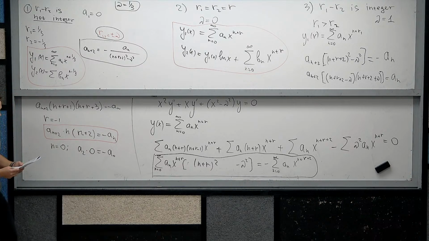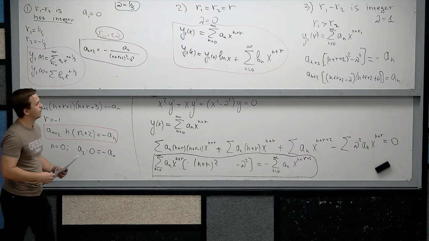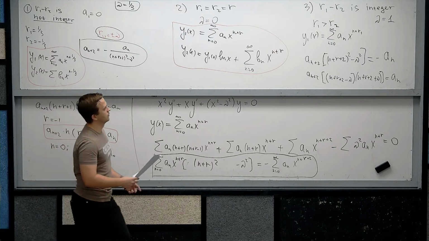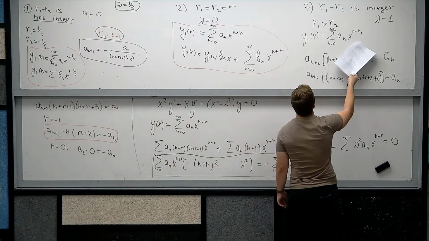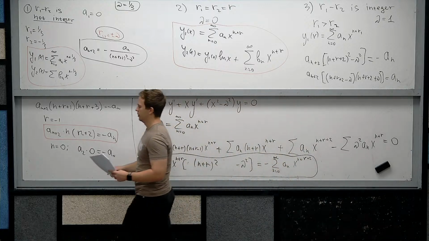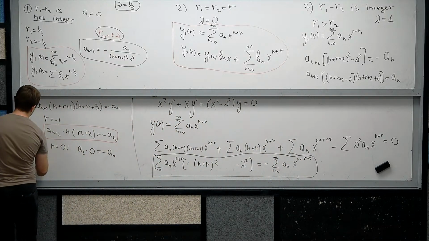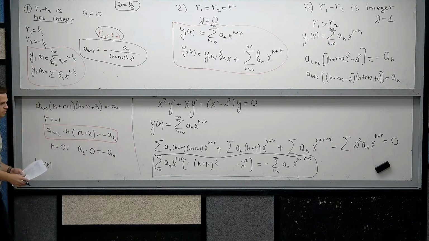So we cannot use a Frobenius solution. That's why the second solution will not be in this form, but will also contain a logarithmic term.